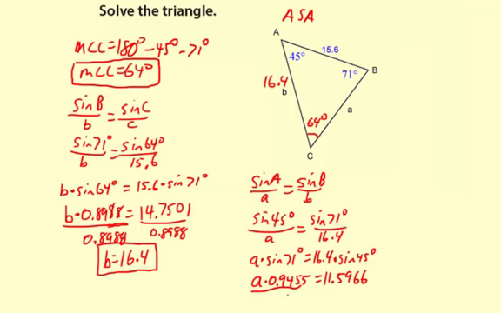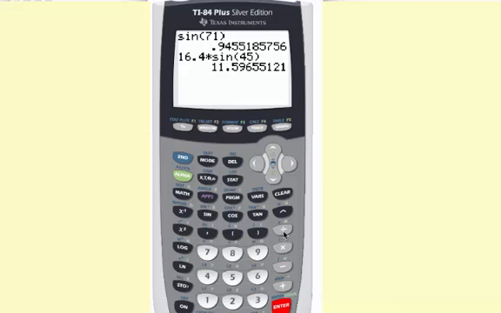Okay, then we'll divide both sides by this 0.9455 to solve for A. So A is 12.26, or 12.3.